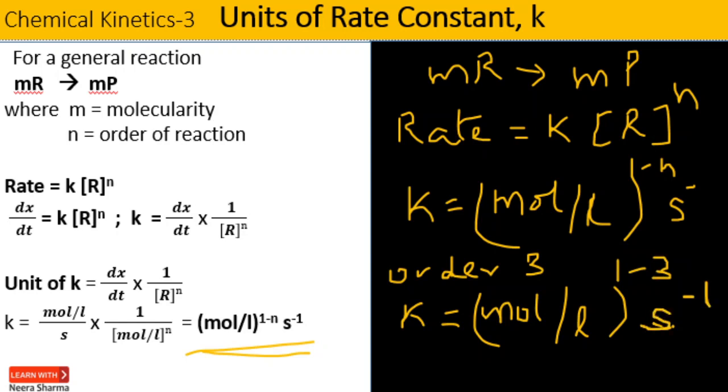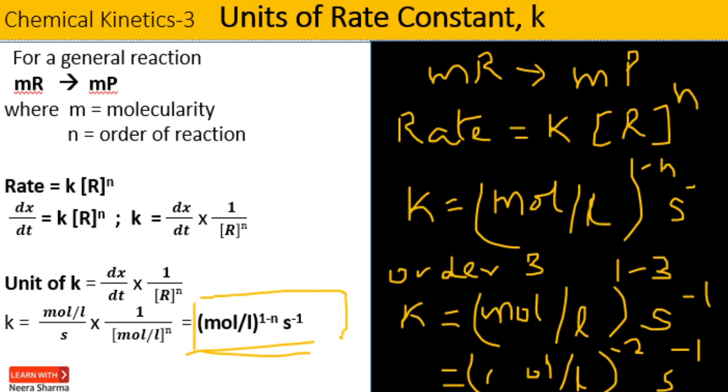So 1 minus n is minus 2. So mole per liter raised to the power minus 2 second inverse. So this is the general equation by which we can calculate the unit of K of any order reaction.